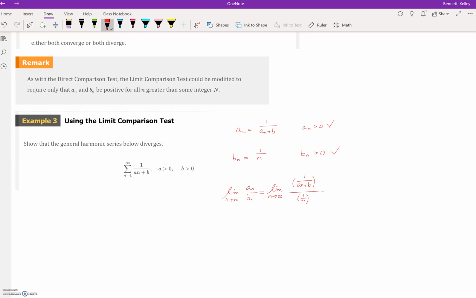And then you can simplify this to the expression, the limit as n goes to infinity of n over an plus b. And this limit is really easy to evaluate. It's just going to be 1 over a.